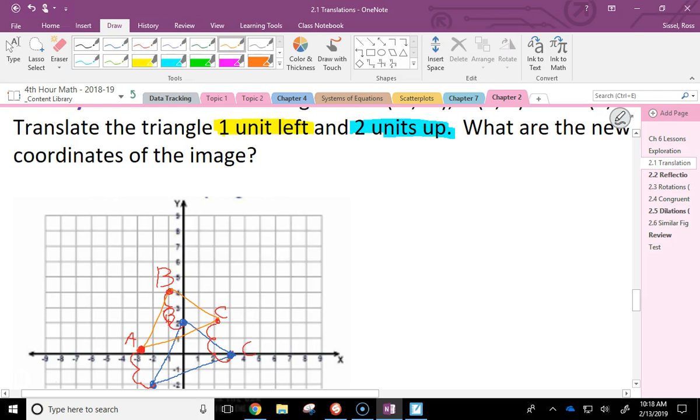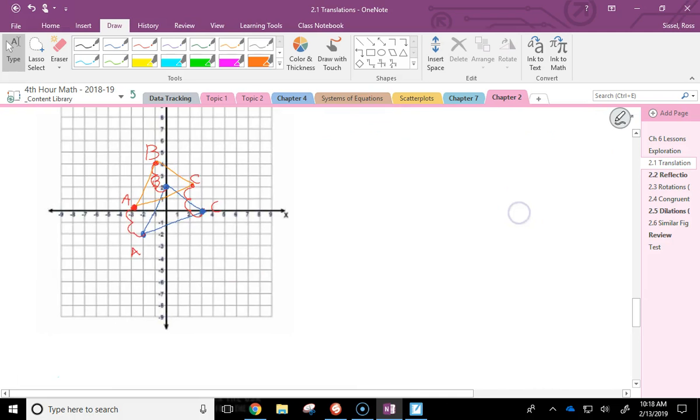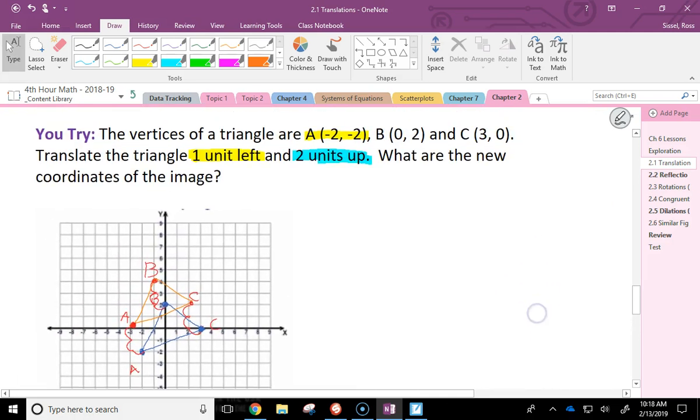Remember, method 2, we're going to show it real fast. If A was -2, 2, another thing I would maybe do to show my work is I would just stack them. 1 unit left, so that means I'm going to go left, -1.